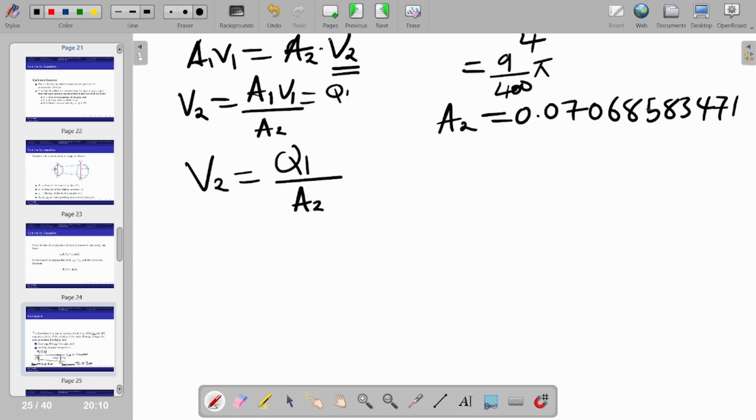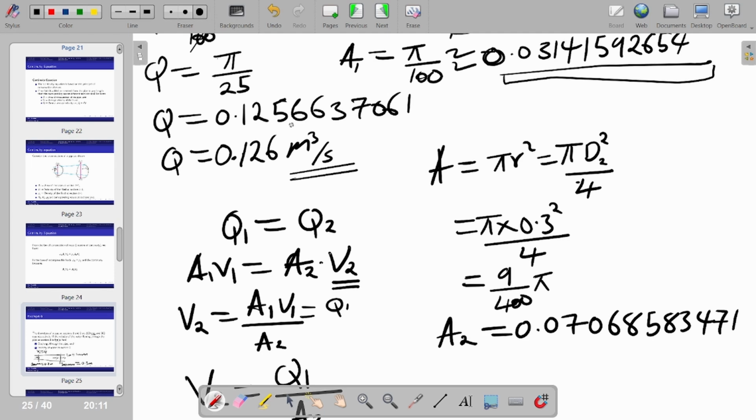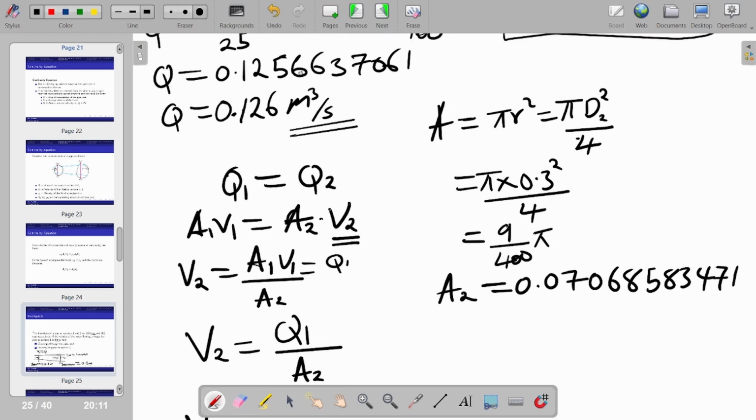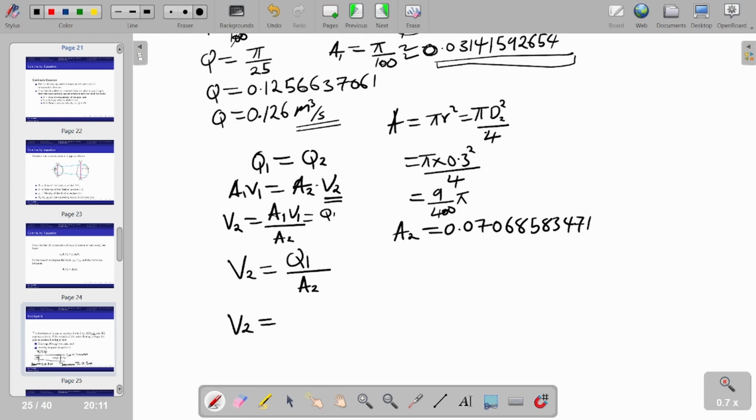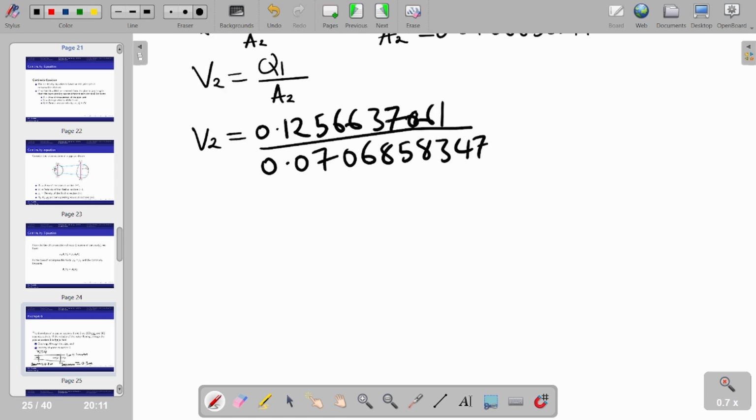So we're going to write the whole number, the entire number, for V2. I'm going to demonstrate here. Suppose you want to divide this, you write the entire number, 0.1256637061, divided by 0.07068583471. Then what are we getting after this?